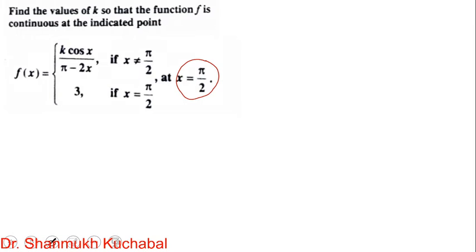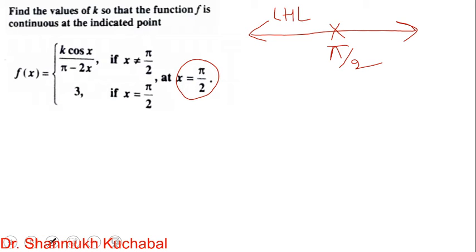Here they have given x is not equal to pi by 2, so this is the indicated point pi by 2. On the left side, less than, we take LHL, and on the right side, greater than, we take RHL.